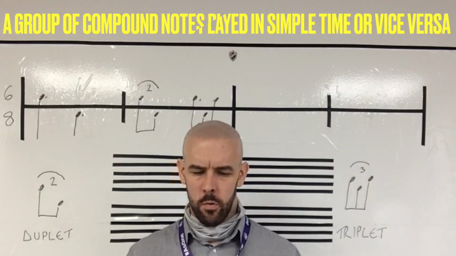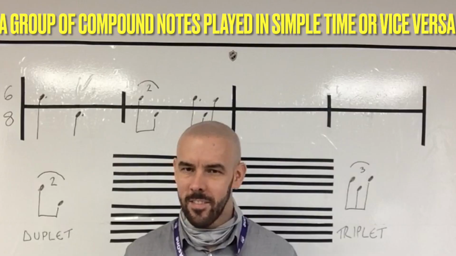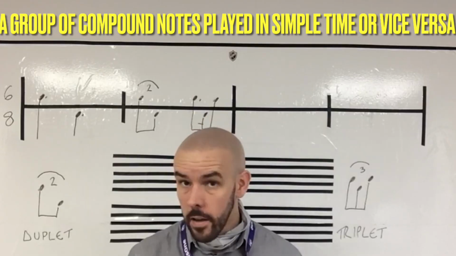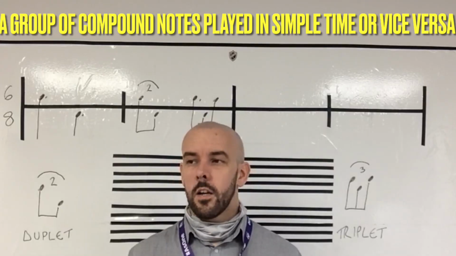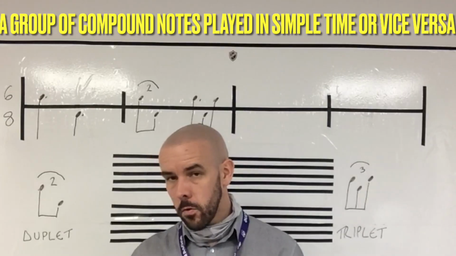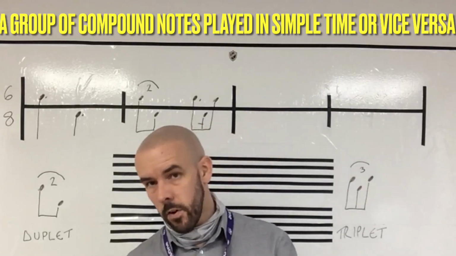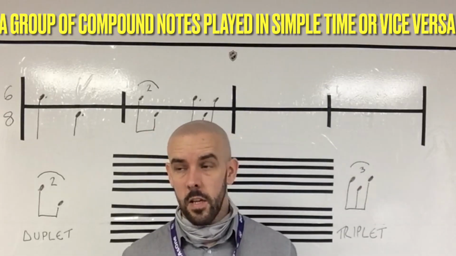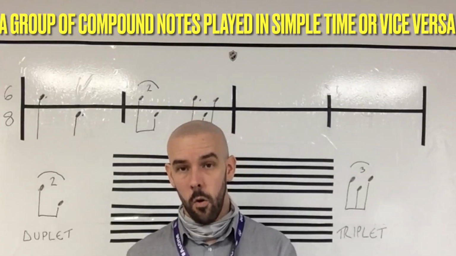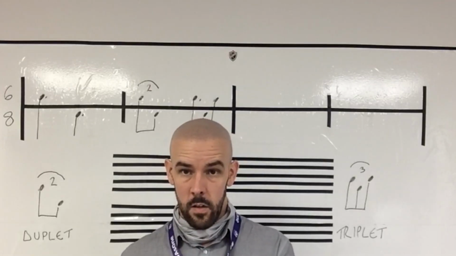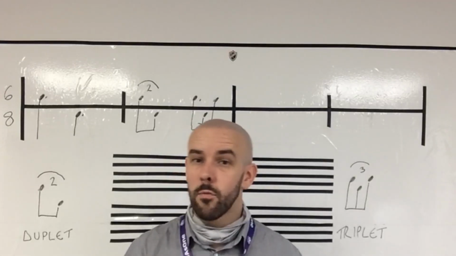You wouldn't say a group that's a bit weird. Nice imaginative answer, incorrect answer. An irregular group is a group of compound notes played in simple time or vice versa. You can also answer it as a group of simple notes played in compound time or vice versa. Vice versa just means the other way around.